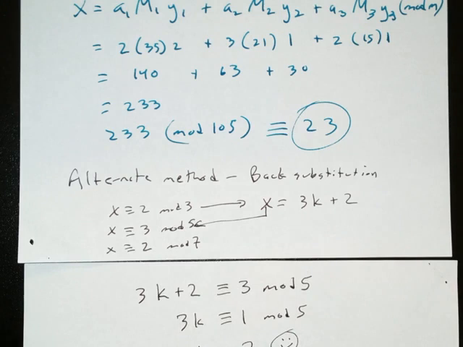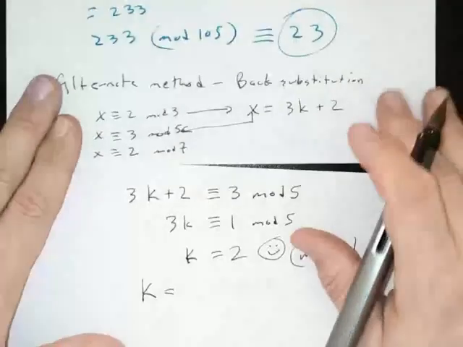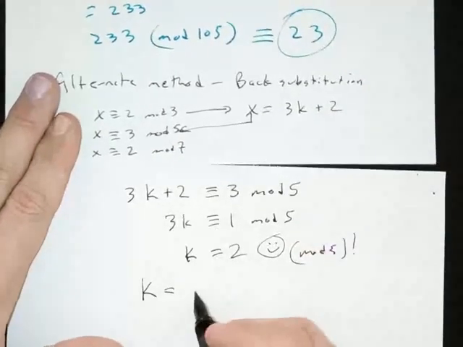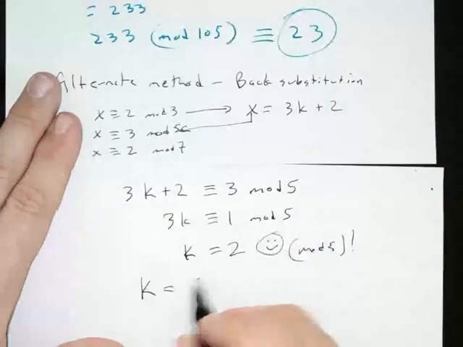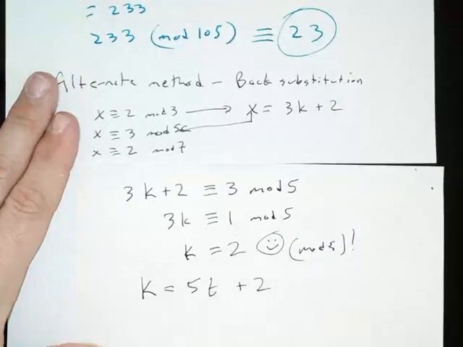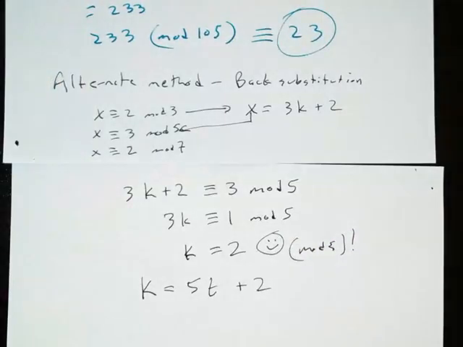Oh, well, wait a minute. That means that k, this is mod 5, k can be written as 5 somethings with 2 left over.